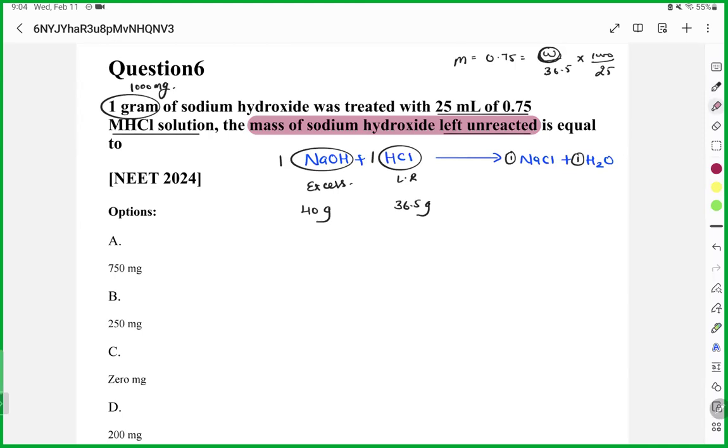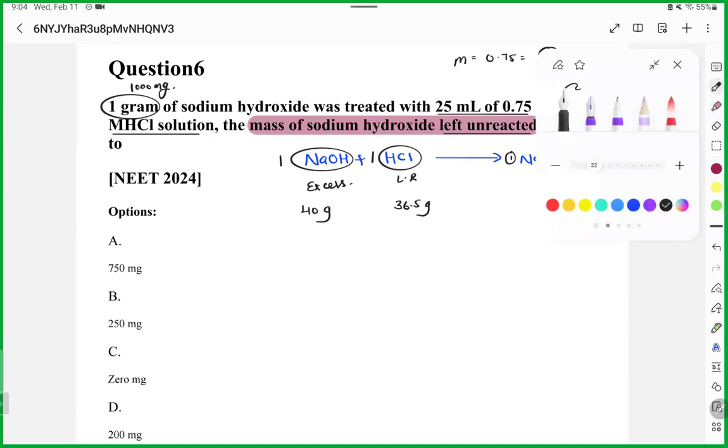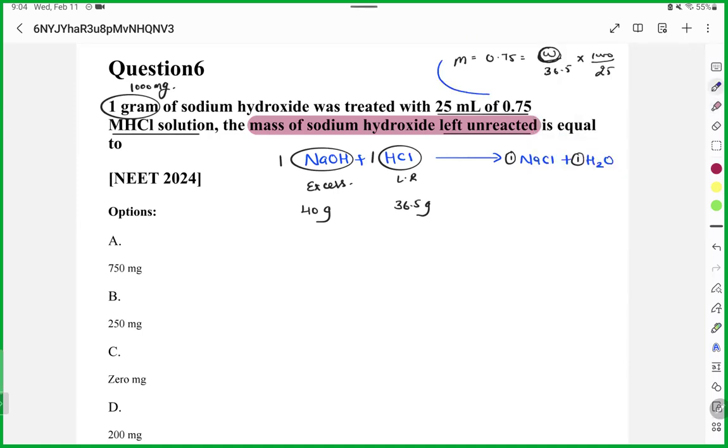So, what is the value from the question, Jordan? So I got 0.025. 0.025 means 250 mg.